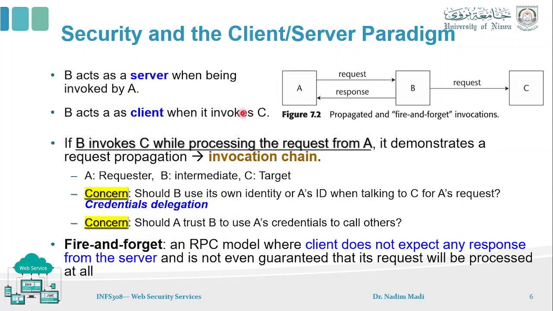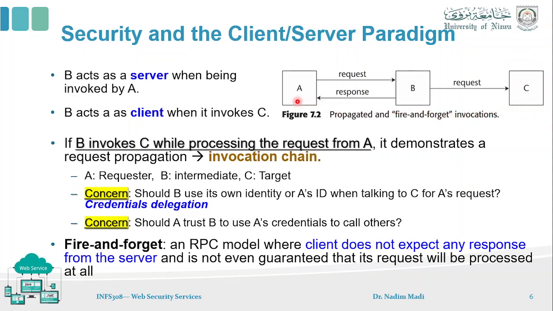So that's actually an extended paradigm, what we call a fire and forget invocation, where we have a kind of middleware. That's not something new to you. We have been discussing a lot of scenarios like that, where we have A, B, and C, and B here is defined as a middleware. A is defined as the requester, or what we call the principal requester, and C is defined as the target, or the ultimate service provider.